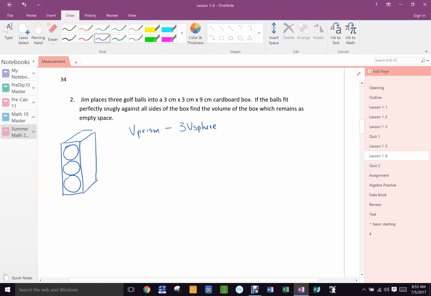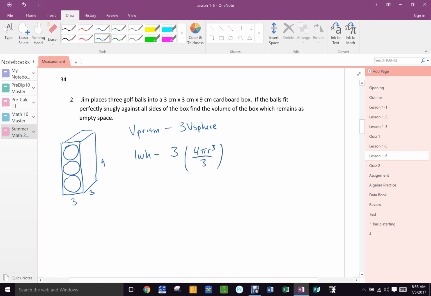So, how do I find the volume of the prism? That's length times width times height. So it's 3, 3, 9. That's easy. LWH minus 3 spheres. 4 pi r cubed over 3. Now when I write it out like that, it becomes really easy.